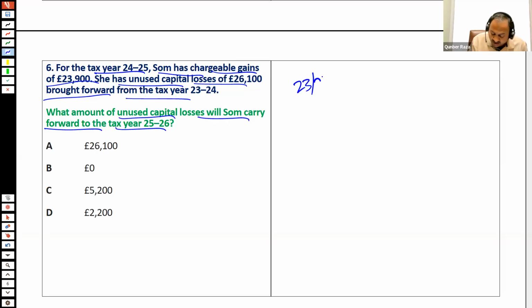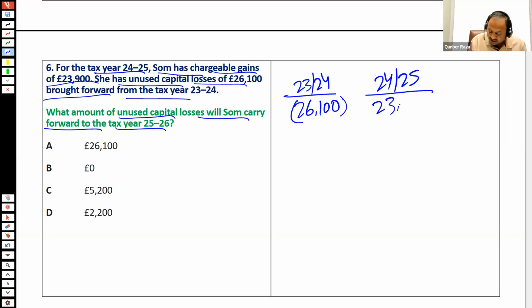So for 23-24, there is a capital loss of 26,100, right? For 24-25, there are capital gains of 23,900. And the question is, for 25-26, how much loss is to be carried forward?